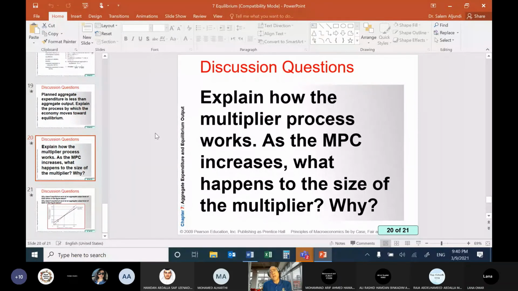So what will happen? The construction company will produce a new product, a new villa, and they will earn a new income. They will spend 90% of their new income to purchase something else. Assume they decided to purchase vegetables.